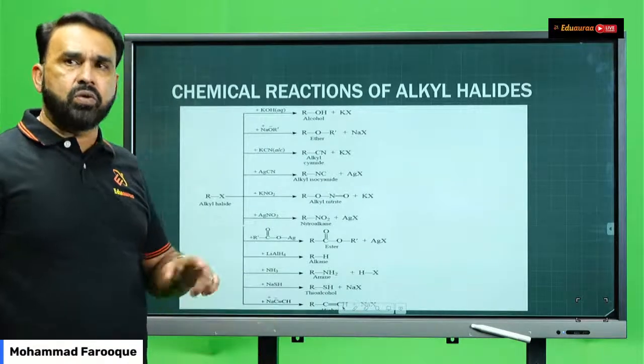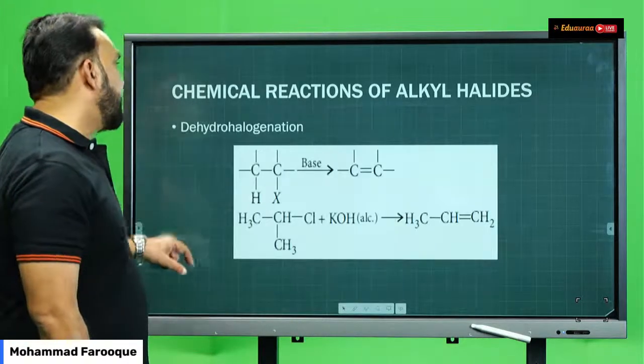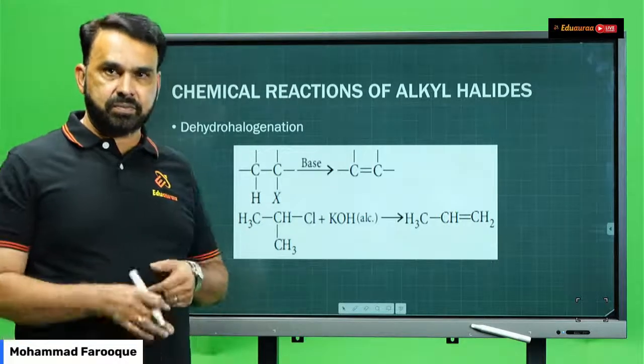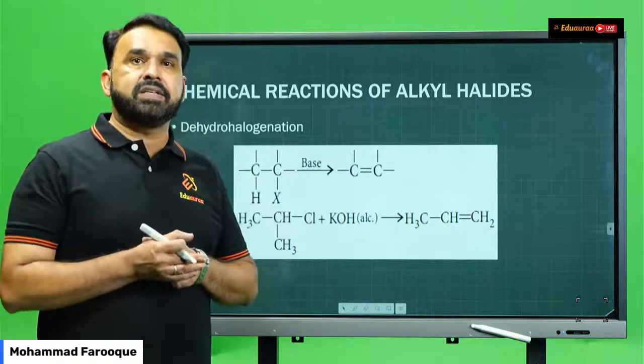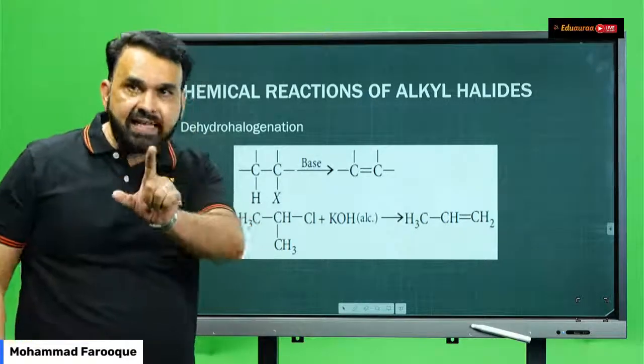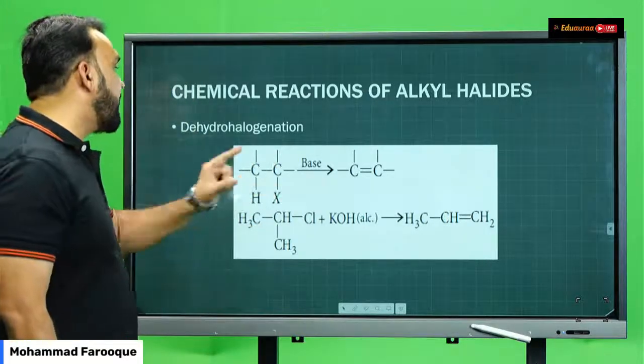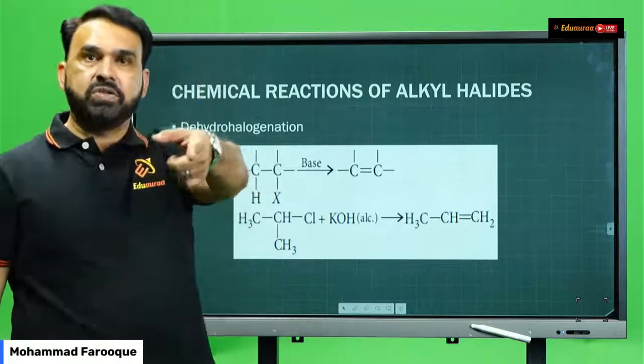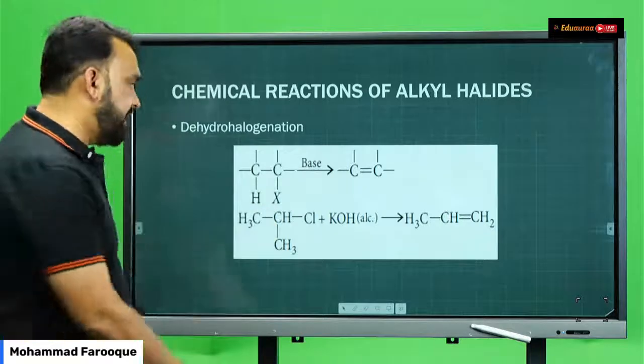Now, once we have studied the nucleophilic substitution reactions, let us understand the elimination reaction of alkyl halides. In the elimination reaction, whenever an alkyl halide is treated with alcoholic KOH, students, not aqueous, aqueous brings about substitution, alcoholic brings about elimination.